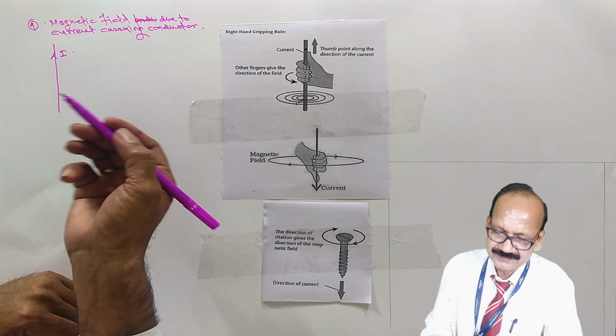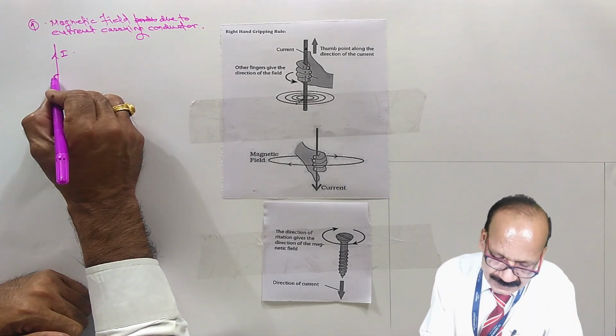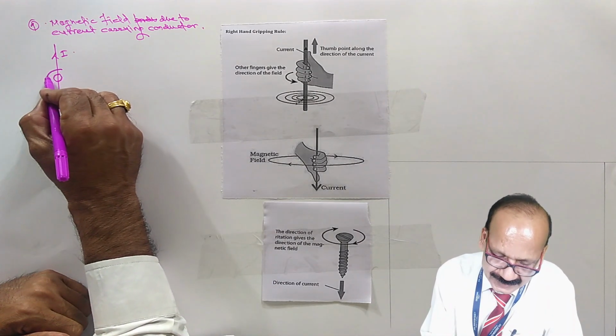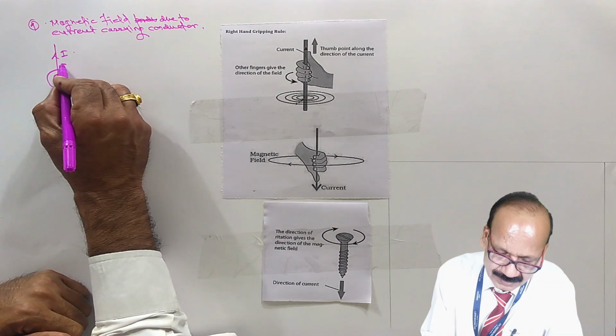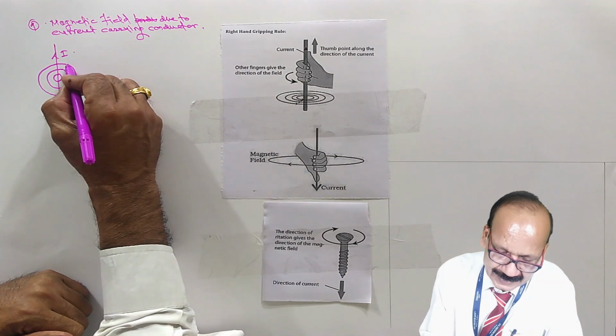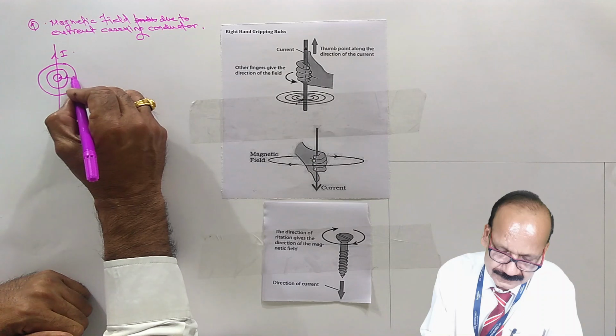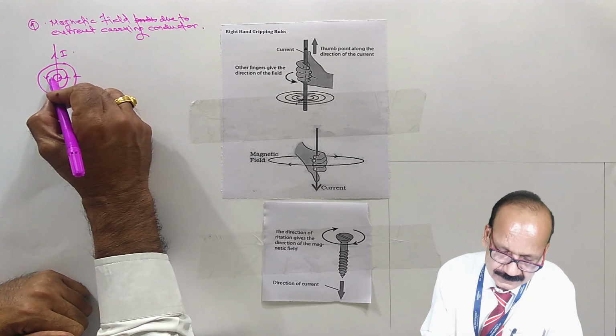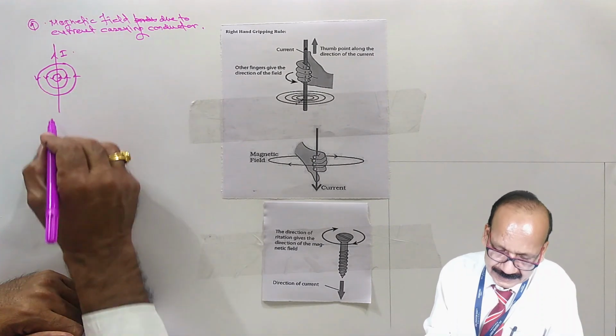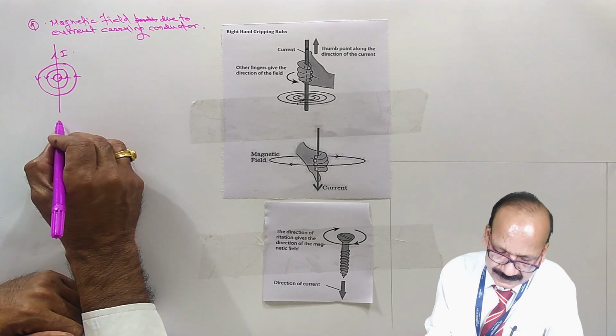So what is the direction of magnetic field produced? The direction of magnetic field produced is counterclockwise, that is anti-clockwise, and it is denoted by dot.